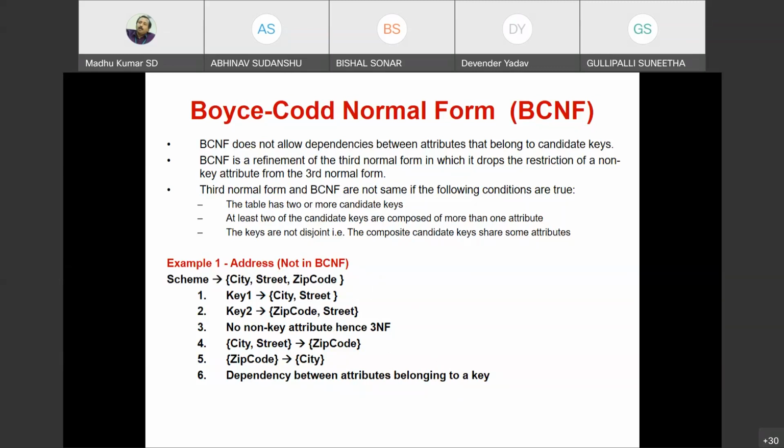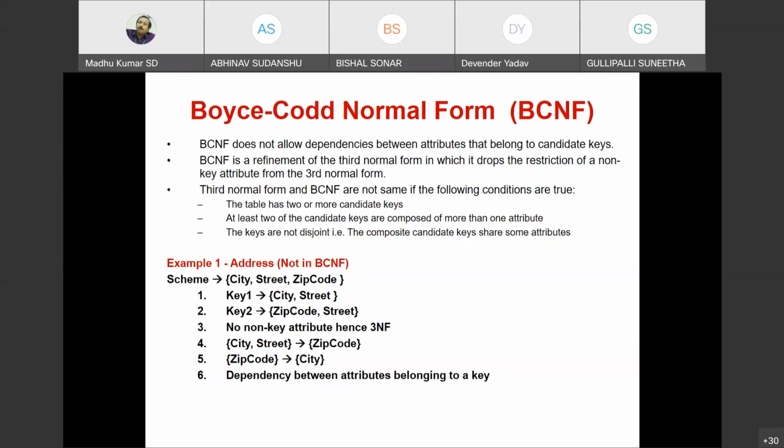Here, zip code is a prime attribute of key 2. Okay. Still there is a lot of redundancy we have seen, and transitive dependency does not come into the picture because you have only three attributes here and the key containing two attributes.